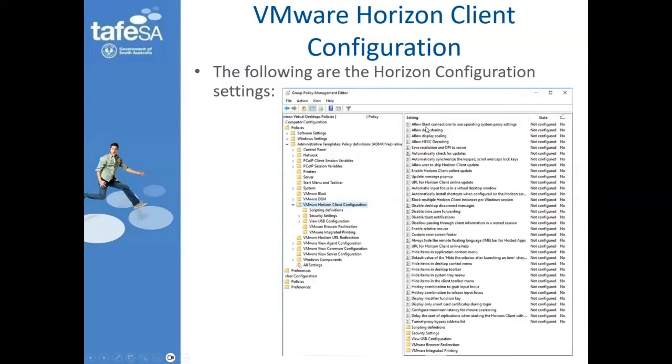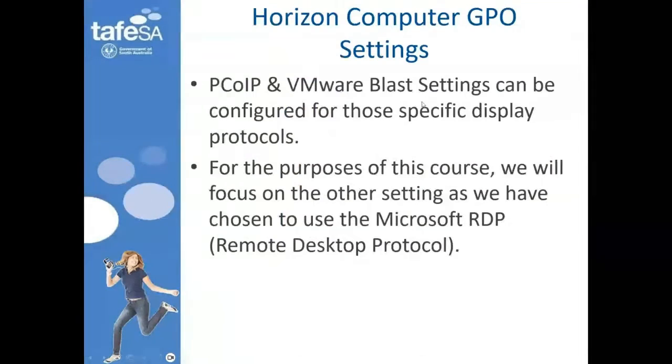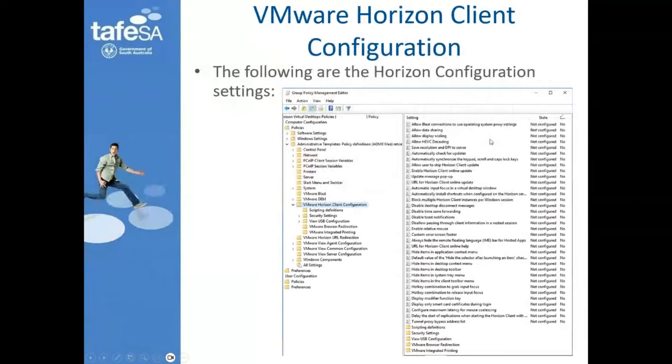So for example, this one: allow Blast connections to use operating system proxy settings. Remember, we just talked about VMware Blast. Let's talk about VMware Blast connections and using the system proxy. Here's another one. Let's pick out some just to talk about. Remember hotkeys?